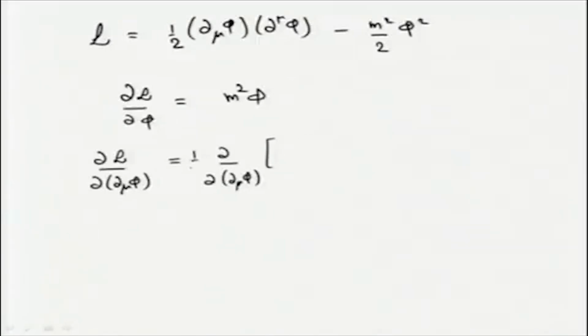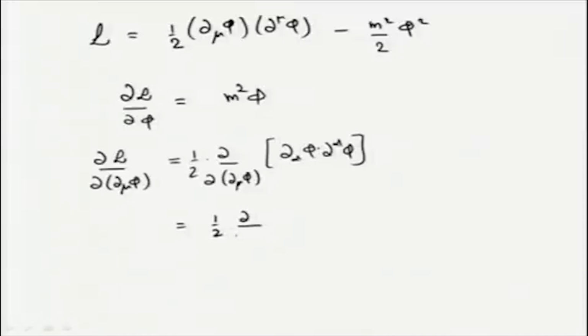There is a factor of 1/2 there, and I will write it as ∂_α φ ∂^α φ, so that there is no confusion with the μ that we are taking. α is a dummy index and μ written in the Lagrangian density is a dummy index. So, I can write it in this fashion.